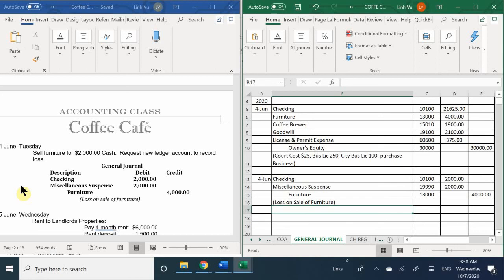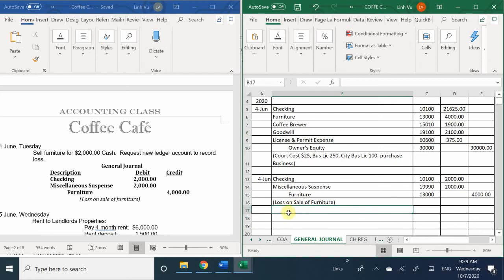You can be more descriptive by adding extra details if you'd like. It's all up to you, whatever you like. But in this case, just do loss on sale of furniture.